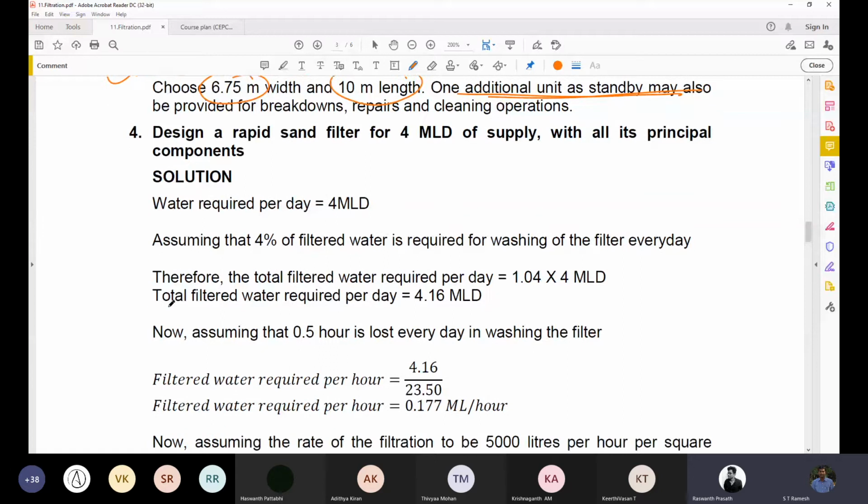Okay, last problem. We'll design the rapid sand filter. Designing the rapid sand filter includes the size, which we have seen in the previous problem.